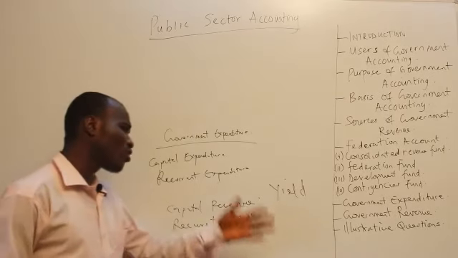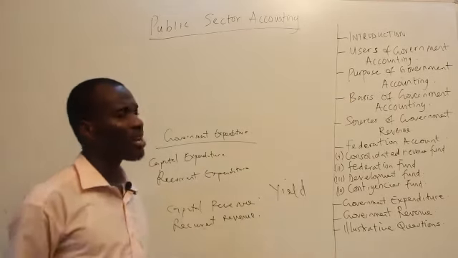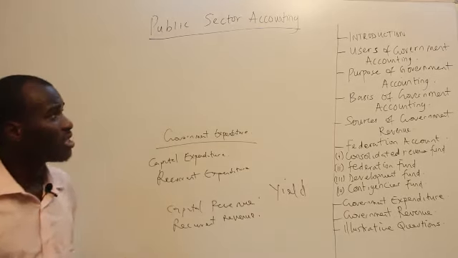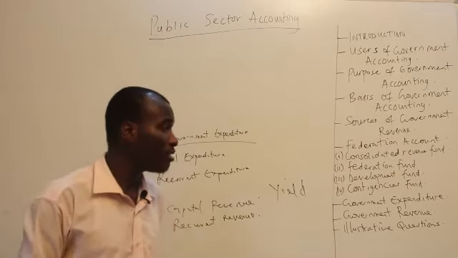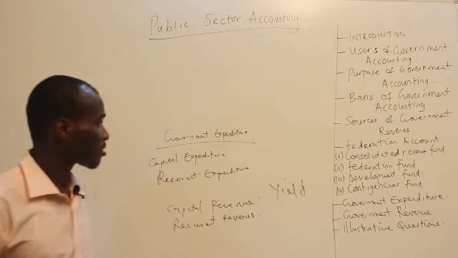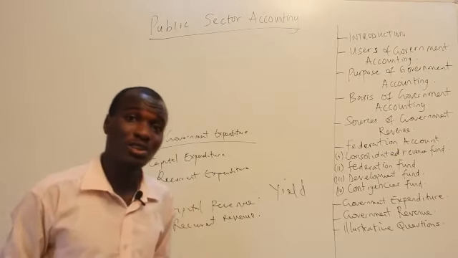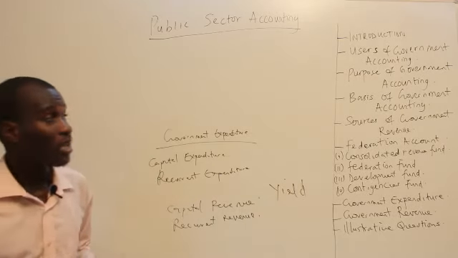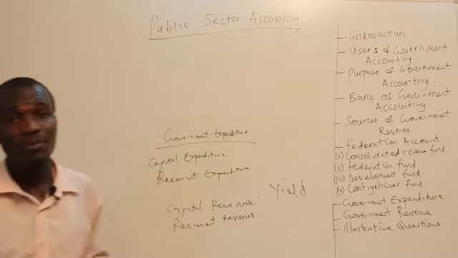Now let's take an illustrative question on government accounting, that is public sector accounting. Let's see how the accounting is done. We are going to prepare the receipt and payment account to show the total amount of receipts and total payments made by the government.